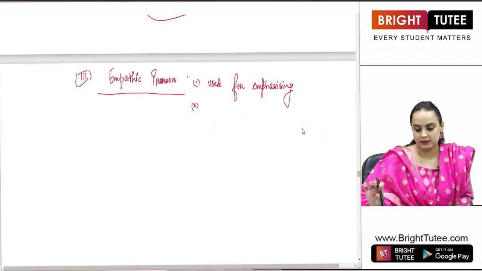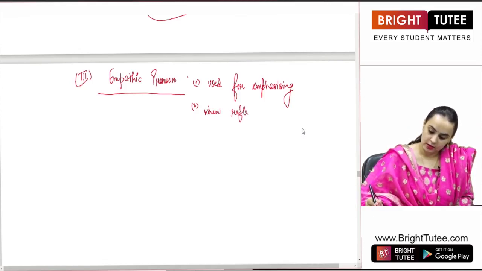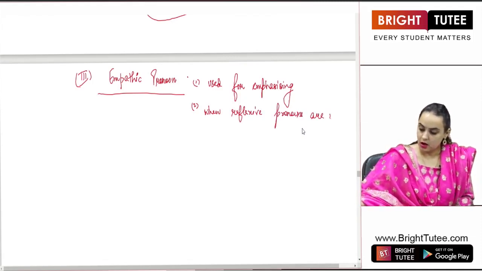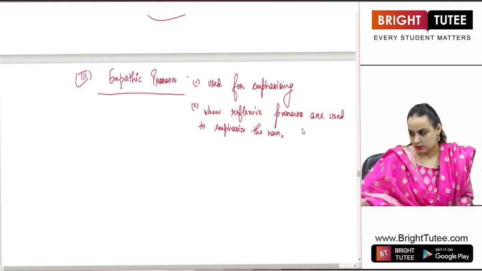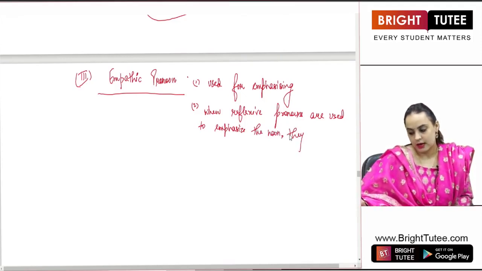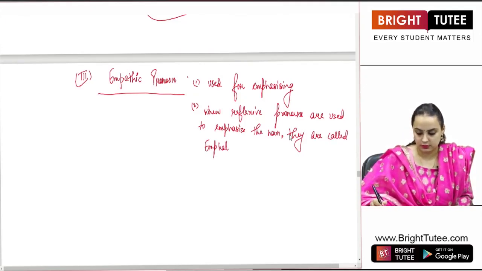Or I can say that when the reflexive pronouns are used to emphasize the noun, they are known as the emphatic pronouns.